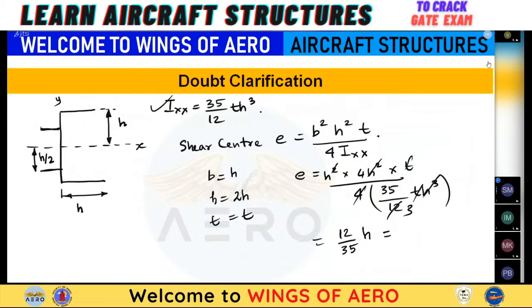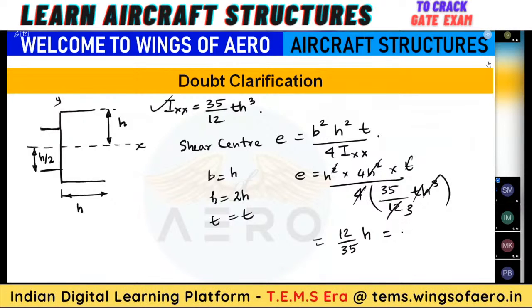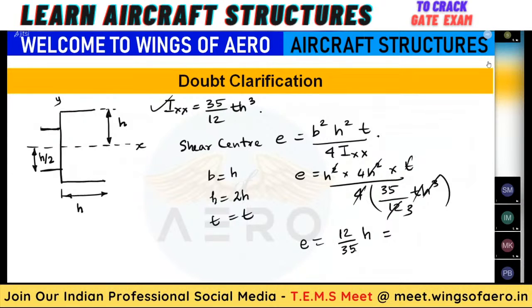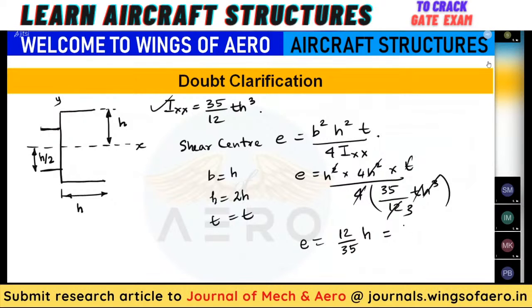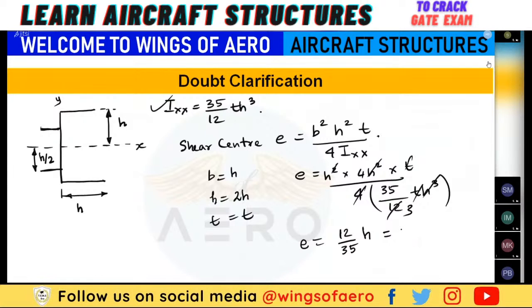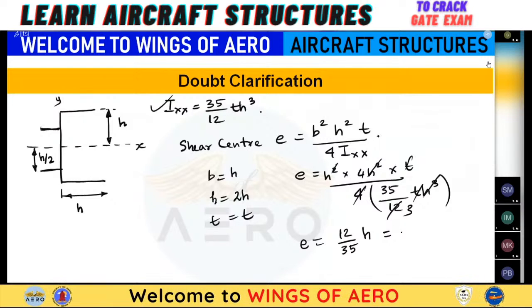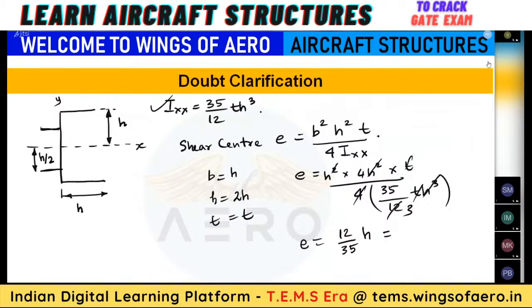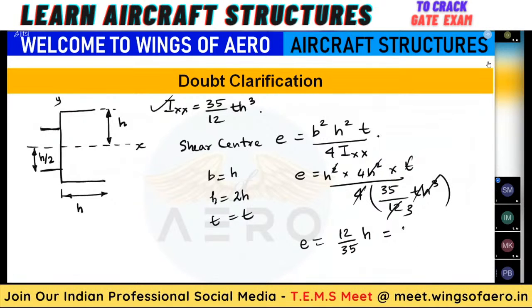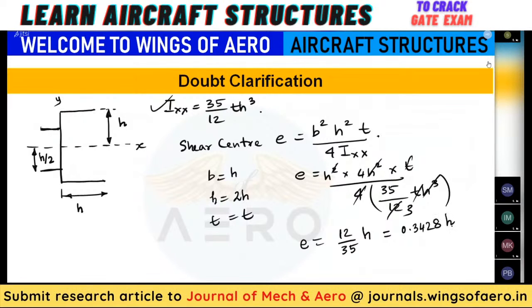What is the ratio of 12 divided by 35? What is the fraction value you're getting? Please calculate and tell me the value. Ma'am, 0.342. 0.3428 of h.